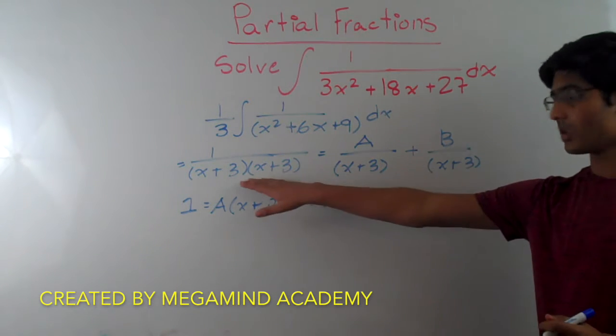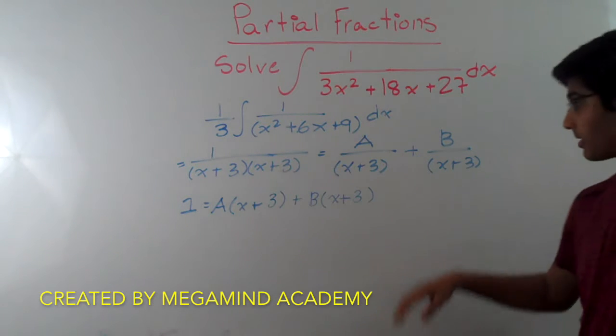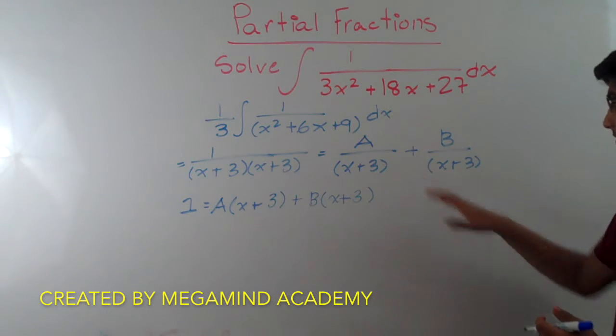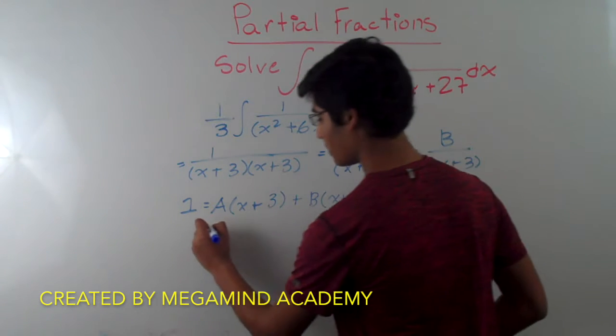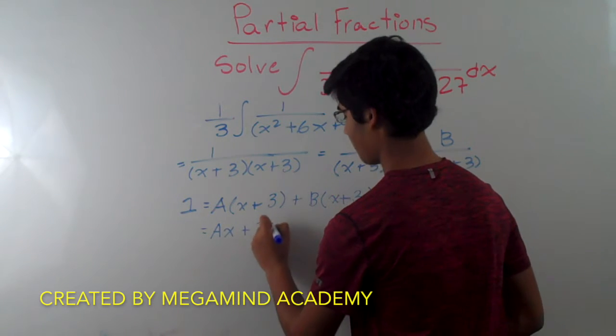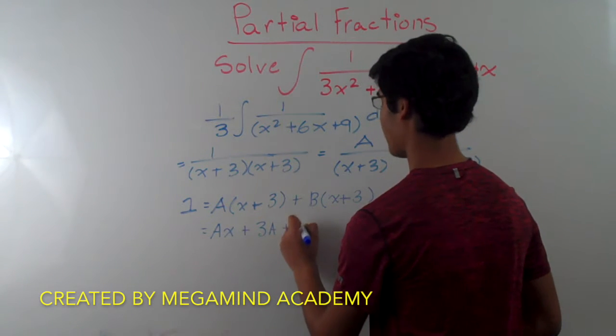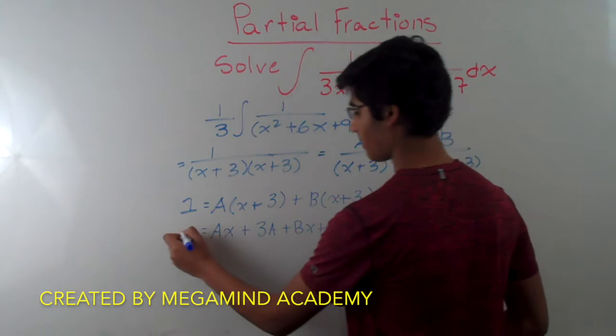Because we know that when we multiply this denominator by this term here, the x plus 3 and x plus 3 will cancel out, and same for the b, or for the second fraction. So, this would be equal to ax plus 3a plus bx plus 3b, which is equal to 1.